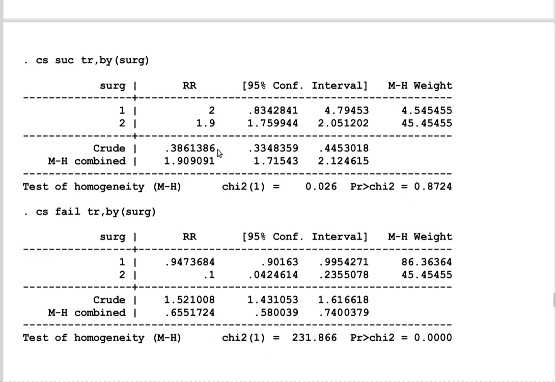And very different from the crude. Since these two numbers are very close to one another, we would then see in epidemiology the reporting of the so-called Mantel-Haenszel, that M-H, estimate of the assumed common success rate ratio. And we can see that these two numbers, the crude and the adjusted here, are very different.